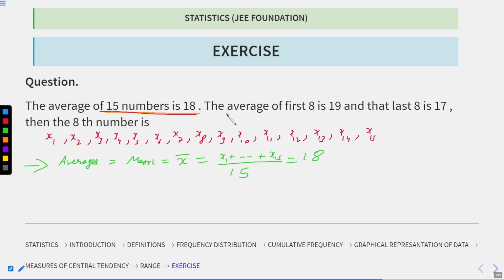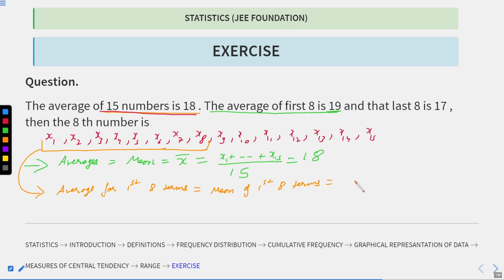Now the average for the first 8 is 19. So for the first 8 terms, which are these, the average, that is the mean of the first 8 terms, is equal to x1 plus x2 till x8 divided by 8.